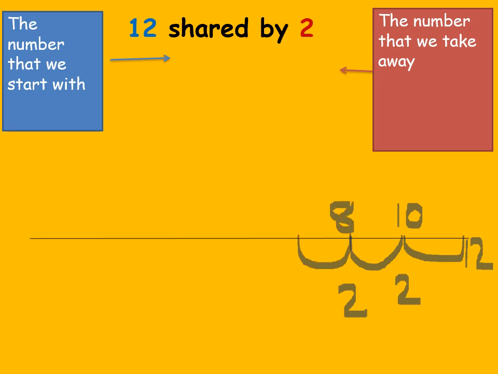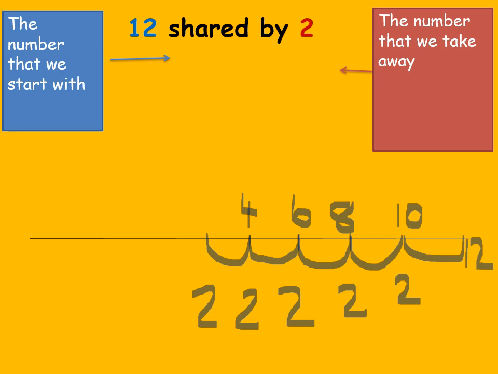Let's continue counting backwards by 2. We've got 6 and 4 until there is nothing left over. Alright, and now let's check our answer.